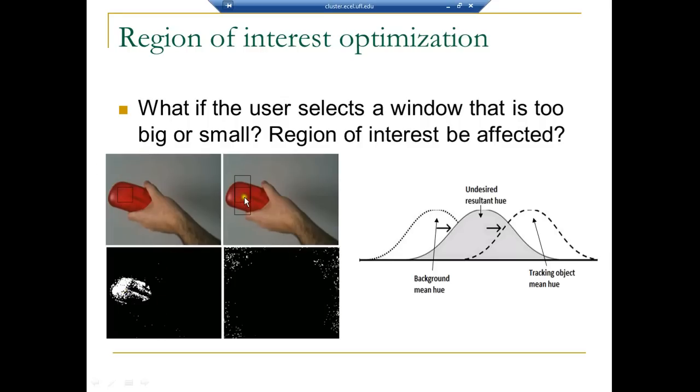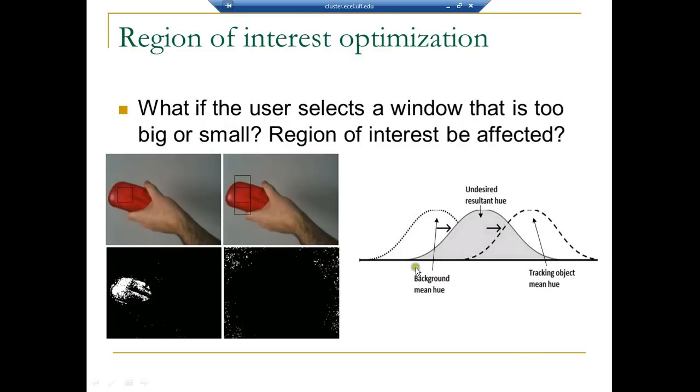However, in cases where the user picks a lot of background space or space that is not inside the object of interest, it produces bad results such as this. The reason why is that the background mean hue is a lot lower than the tracking object.